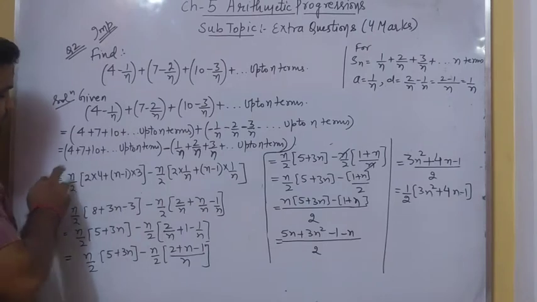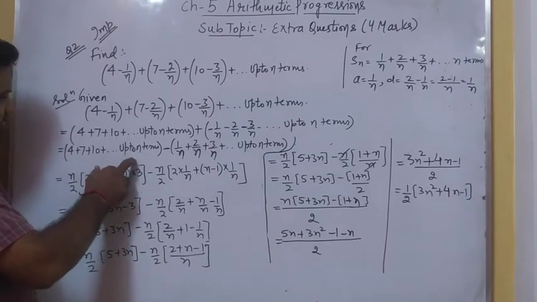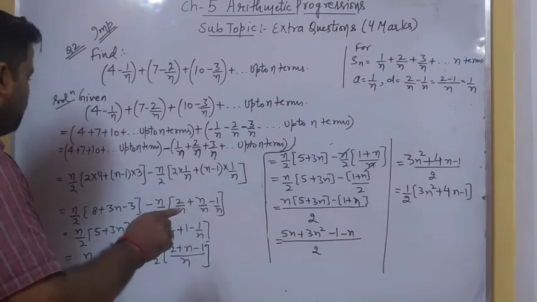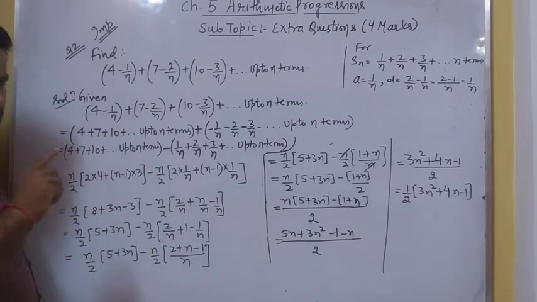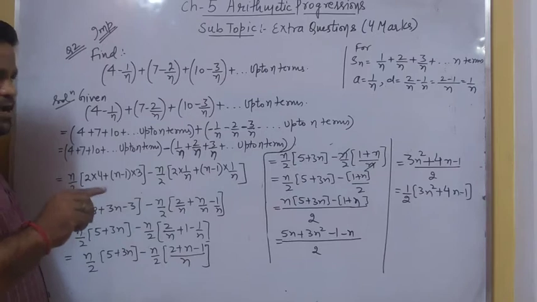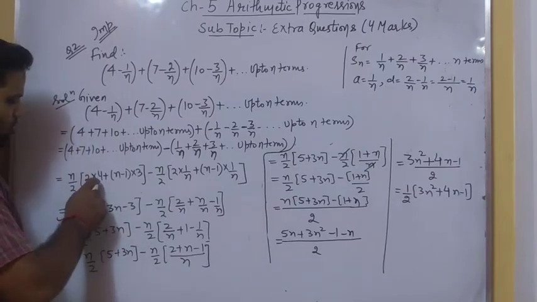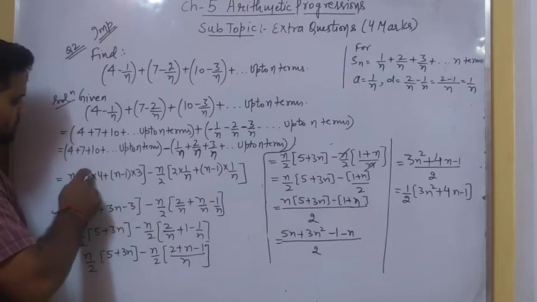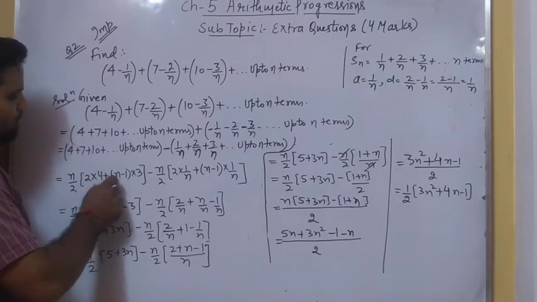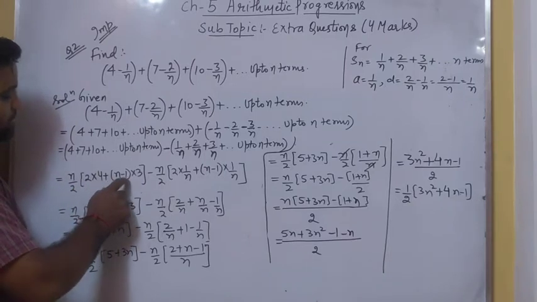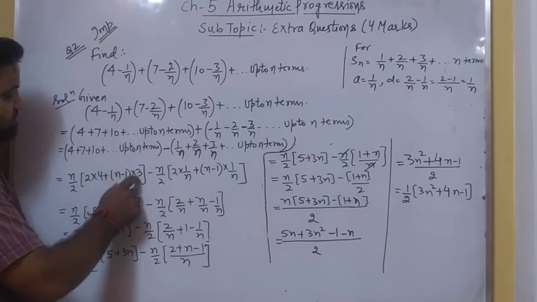On finding the sum of that series, we know the formula to find the sum of the first n terms of an AP is given by Sn equal to n by 2 bracket 2a plus (n minus 1) into d. On putting those values in the formula, we are left with n by 2 bracket 2 multiplied by 4 plus (n minus 1) into 3. Here the common difference is 3.